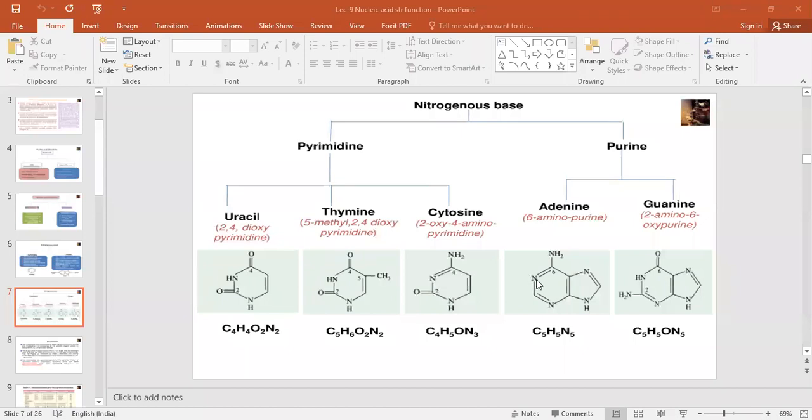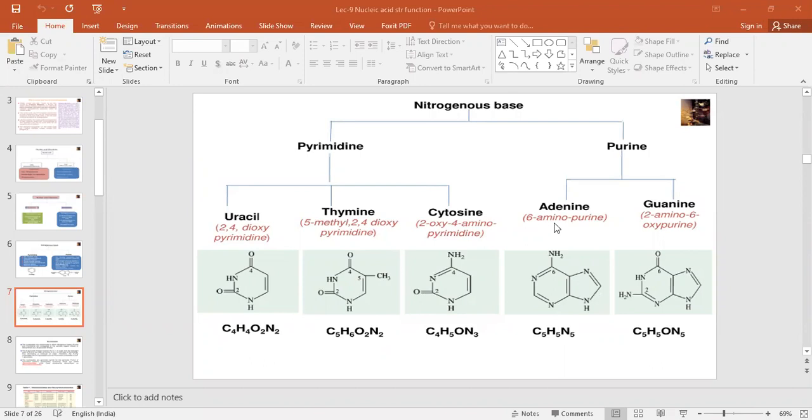So 1, 2, 3, 4, 5, 6, 7, 8, 9. This is your numbering system. After numbering, you have to put the double bonds. From this nitrogen, one double bond, again double bond, again double bond, and here is one double bond.